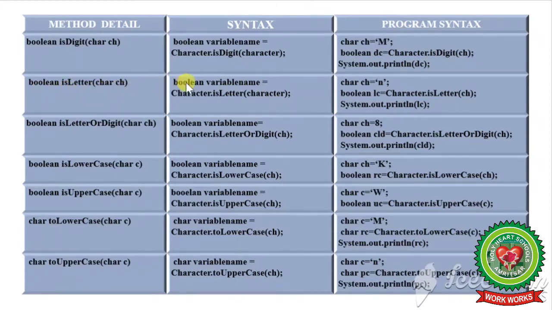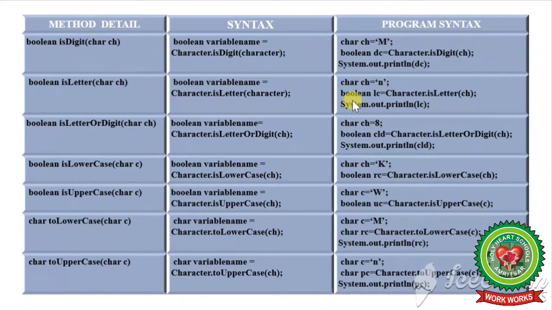The next function is boolean isLetter(char ch). Its syntax is boolean variable name equals Character.isLetter(character). Program syntax is char ch equals, here I can take any character; I have taken this small 'n'.